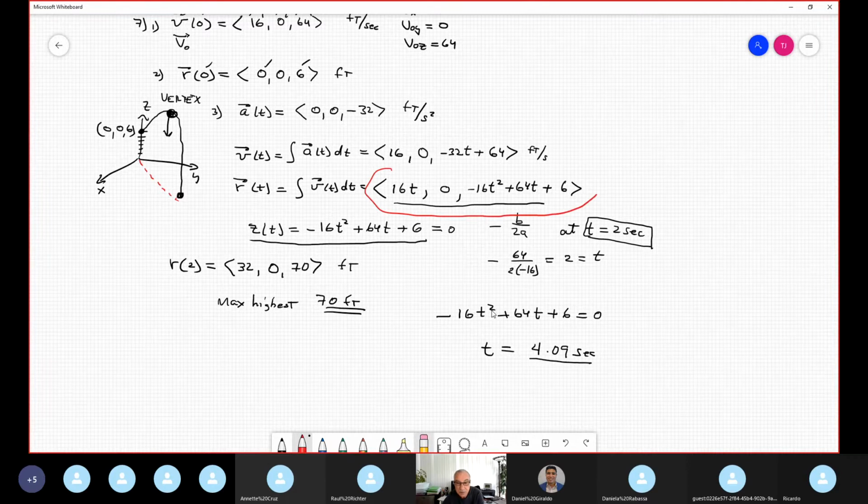Entonces, the position vector evaluated at the famous point 4.09, is 16 times something, approximately 65,0,0. Remember that when you plug this number in here, z is 0, y always was 0, and this is 16 times something, 64 point something. I round to 65. Therefore, the maximum range is approximately 65 feet. Any question?